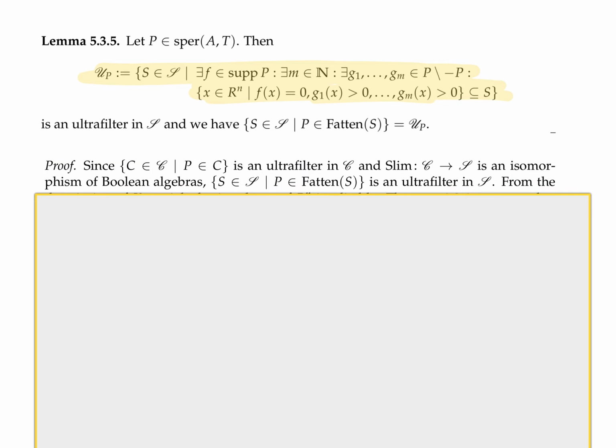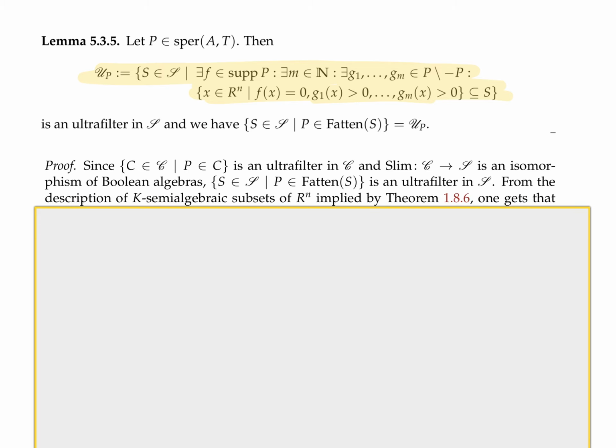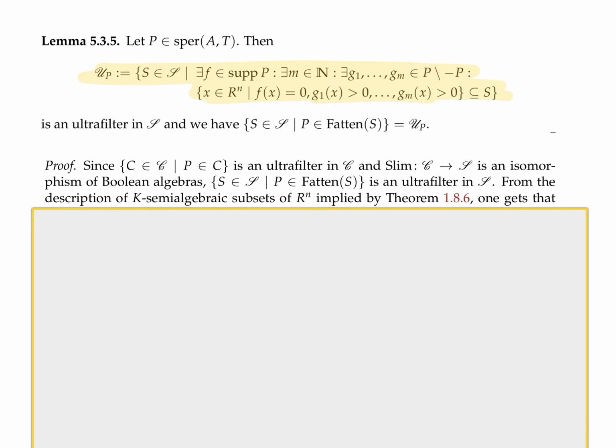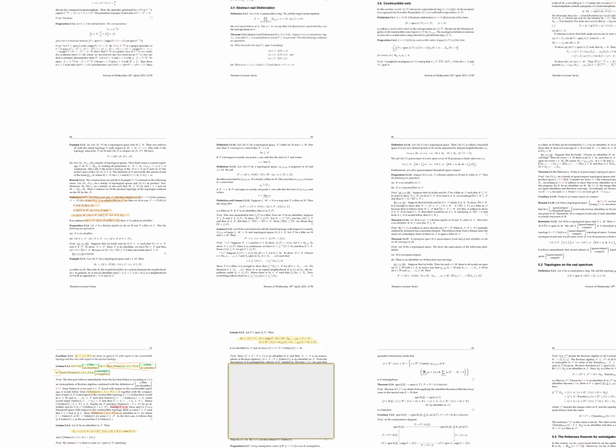Okay, so the set of all constructible subsets of the real spectrum of A_T that contain P is clearly an ultrafilter in C, and the slimming is an isomorphism of Boolean algebras, so the set of all S in the algebra where P is in the fattening of S is an ultrafilter in S. I had already said this. From the description of K-semi-algebraic subsets of R^n implied by theorem 186, I already said this actually.